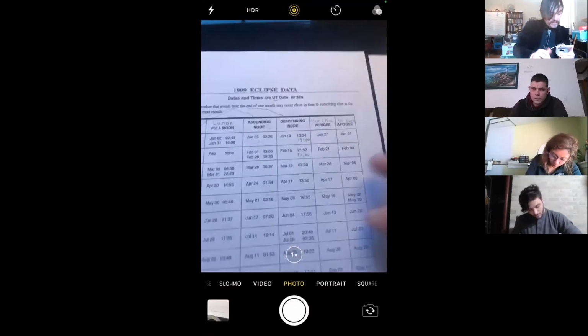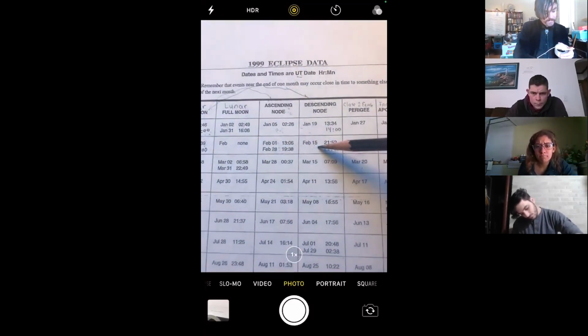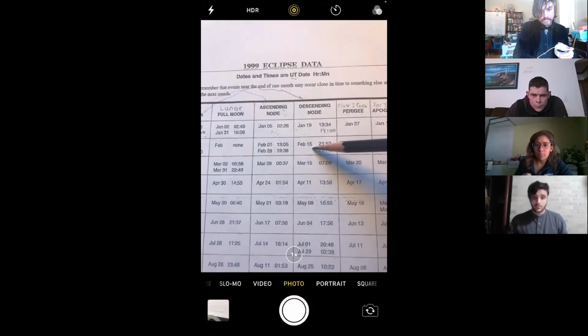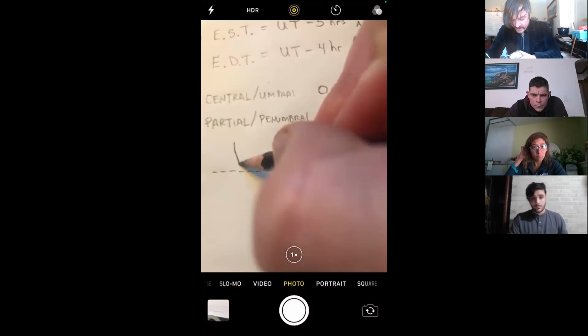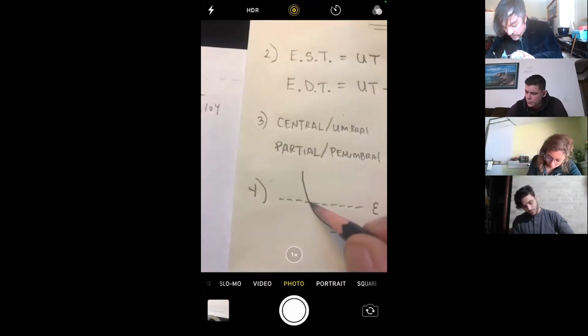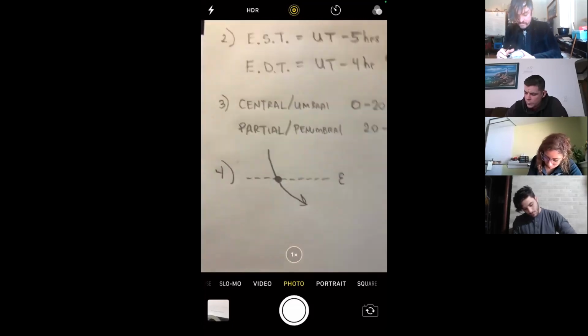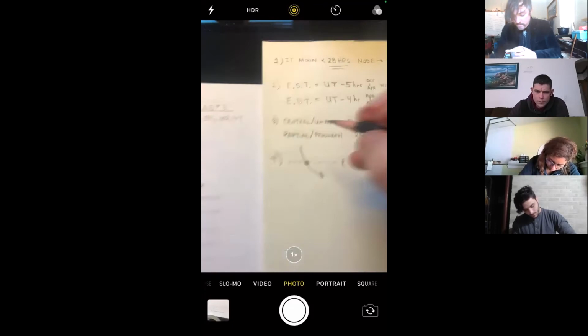Okay. Did our eclipse happen during an ascending or a descending node? Descending. Okay. So that means the trajectory of the moon was heading down through the plane of the ecliptic, with this being the node. The node occurred on February 15th.